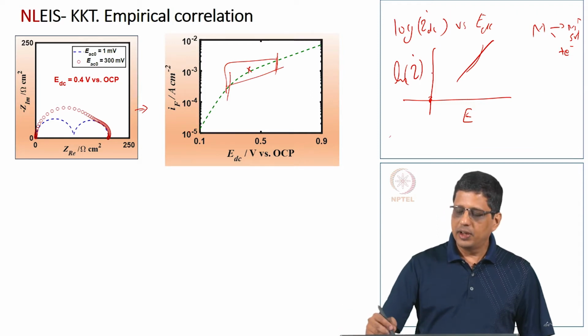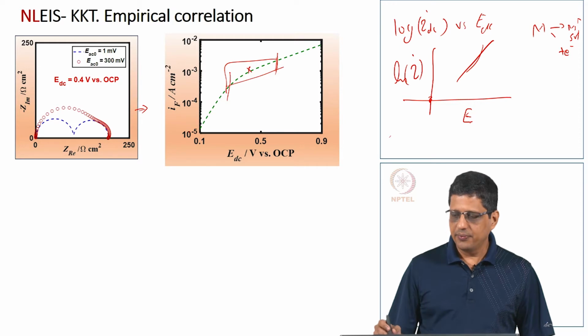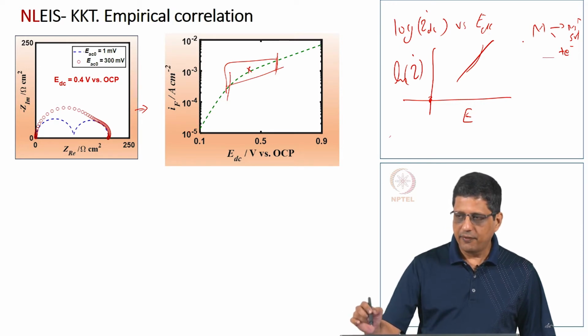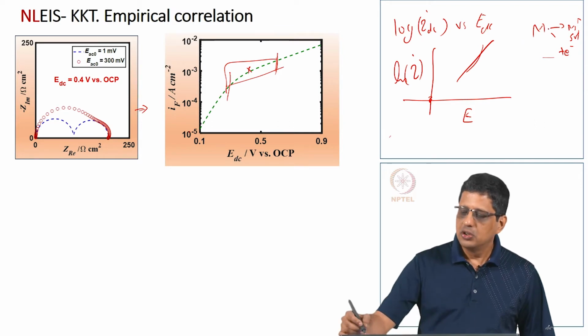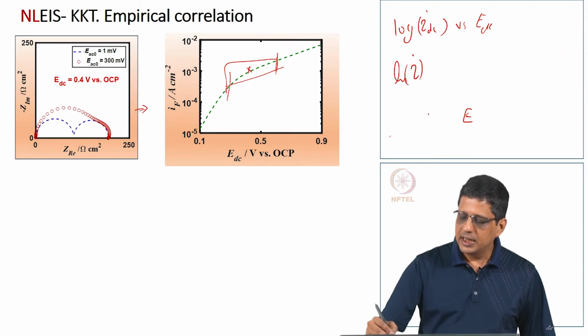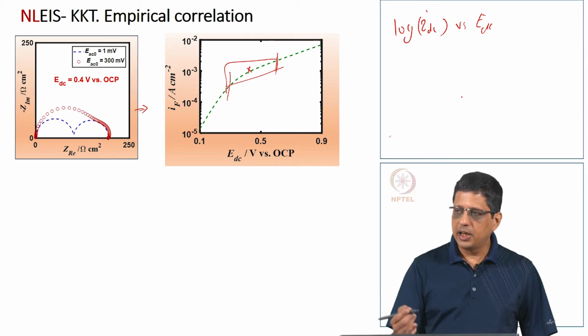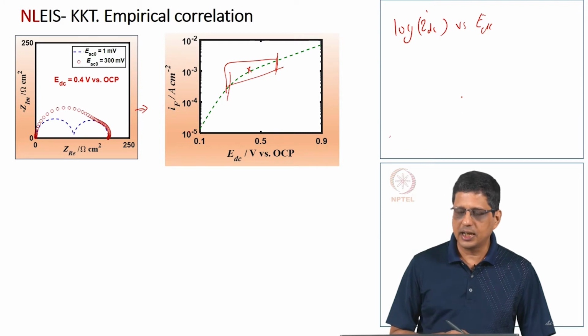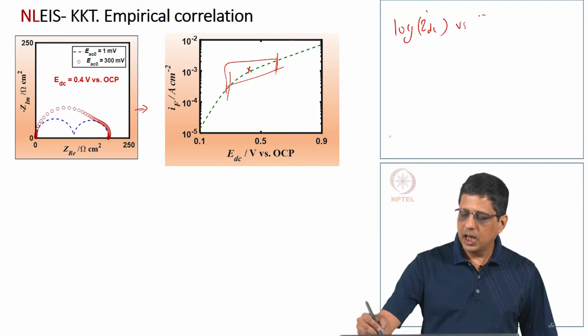And we know when log I versus E was linear, the resulting spectra were KKT compliant for a simple electron transfer reaction. So, perhaps even in other reactions, if log I versus EDC is linear, maybe the spectra that we get would be KKT compliant, and if it is non-linear, perhaps it is not KKT compliant. So, with that hypothesis, we have checked.